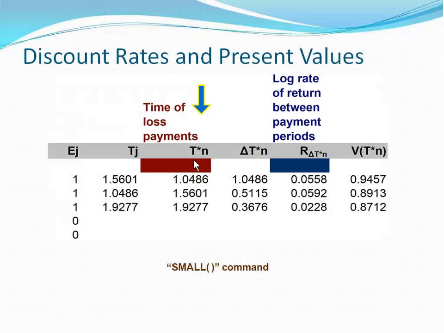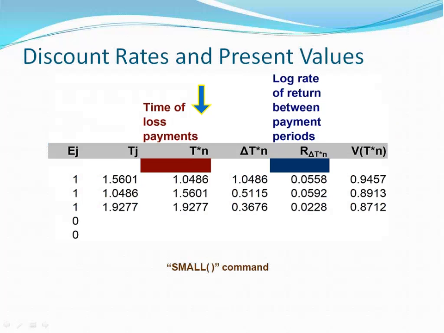These are sorted from earliest to latest because we want to be splicing the timeline shortly. We do this using a command in Excel called SMALL, which is a very nice command, and that saves us having to write a macro just to do the sorting in between simulations.